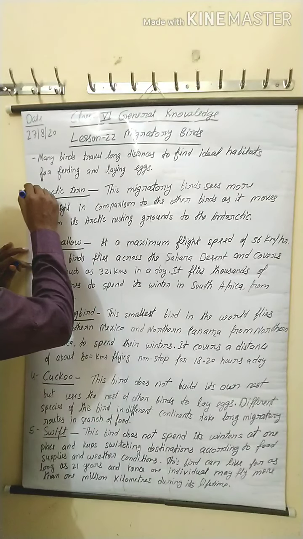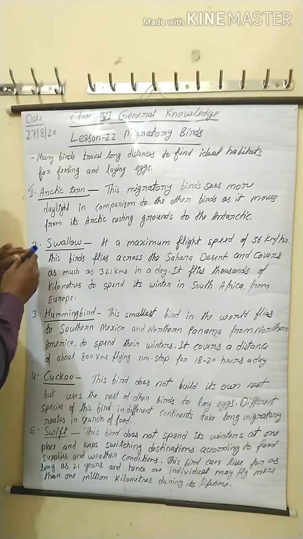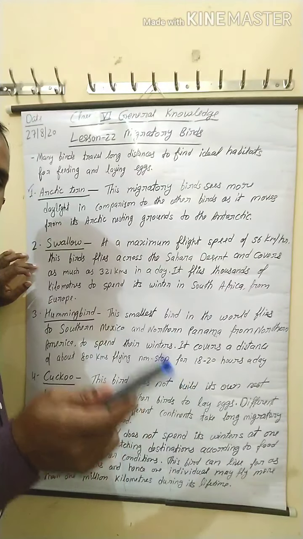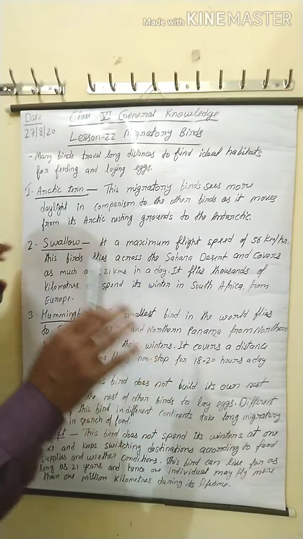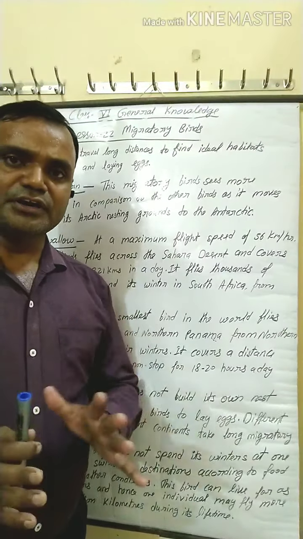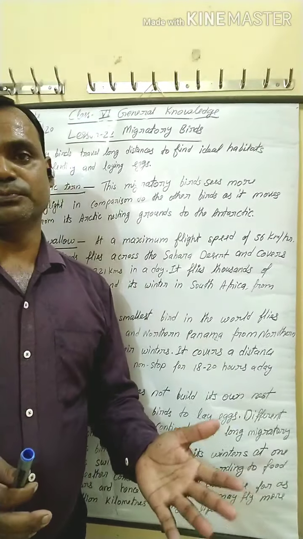First, the Arctic tern. These birds migrate from the Arctic region to the Antarctic region, meaning from the North Pole to the South Pole.